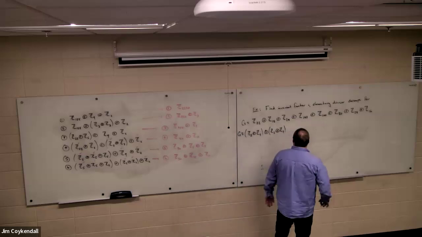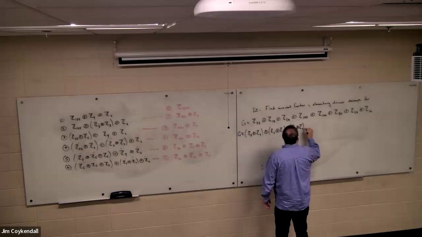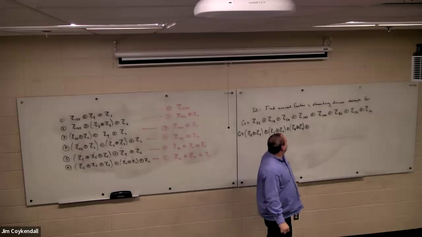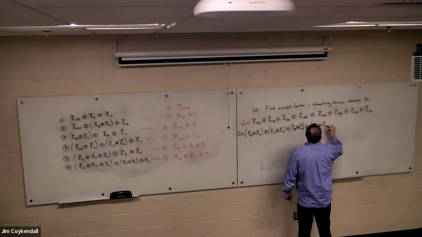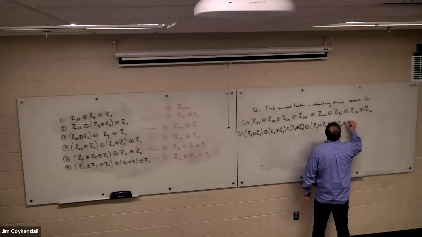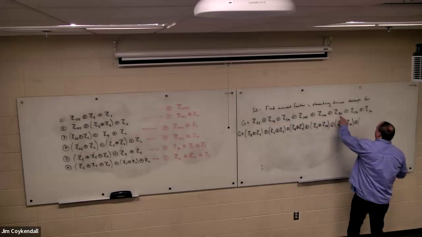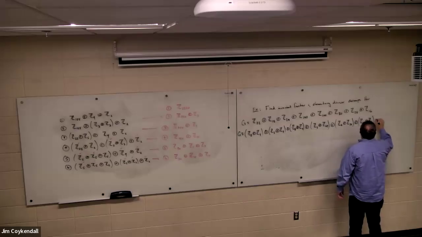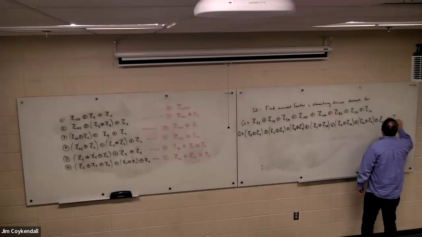24, that's 8 times 3. 147, that's 3 times 49. 100, that's 4 times 25. 80, that is 16 times 5. 25, that's 25. 16, that's 16.